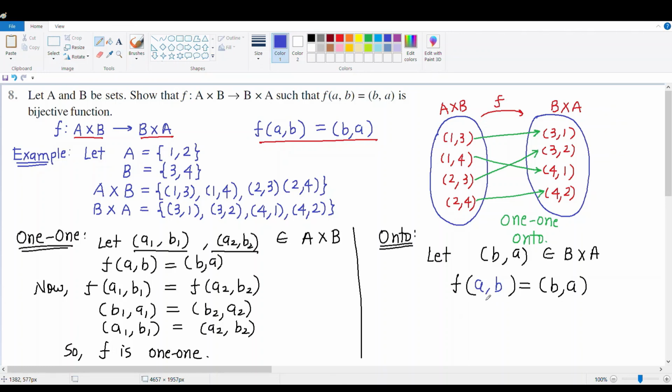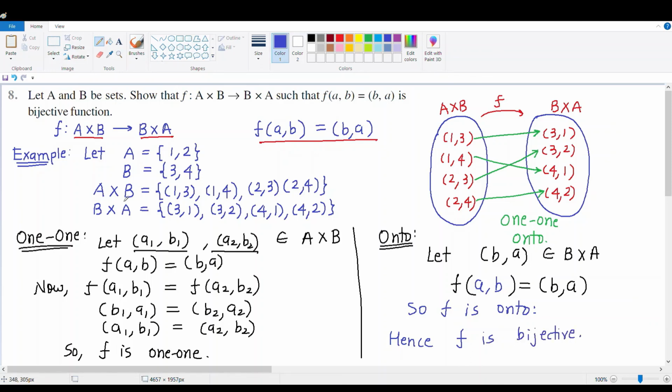So that must be the pre-image (a, b), where this (b, a) is connected. And see, we got the same function definition that was given in the question. So f is onto, and since it is onto as well as 1-1, hence f is bijective.